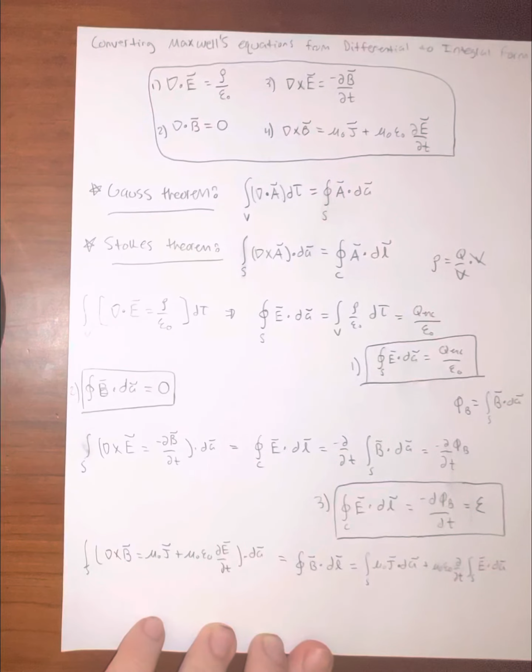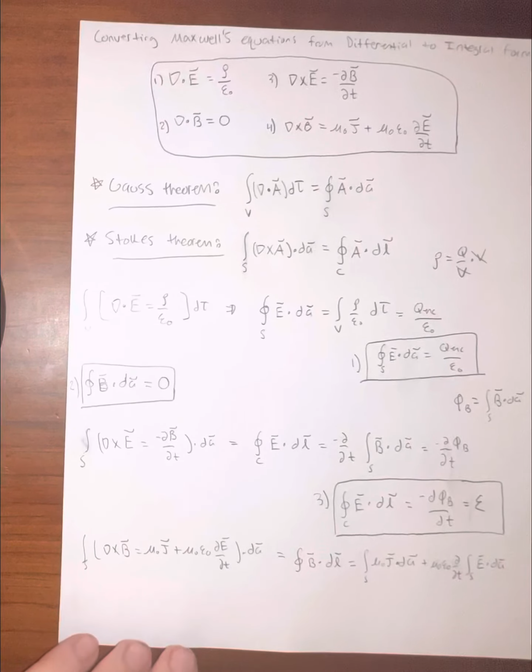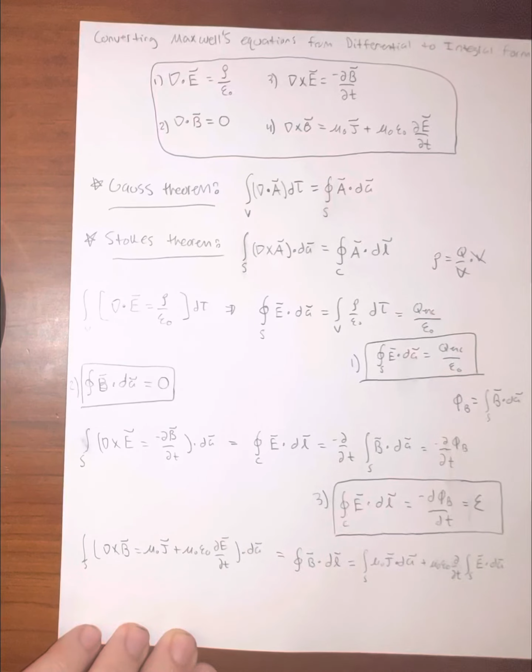Again, open surface, not closed surface. This term is just the electric flux, and the integral over the area of the current density is just the current. So this term becomes mu naught times the enclosed current.